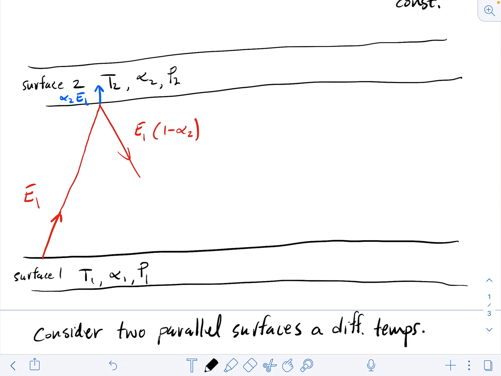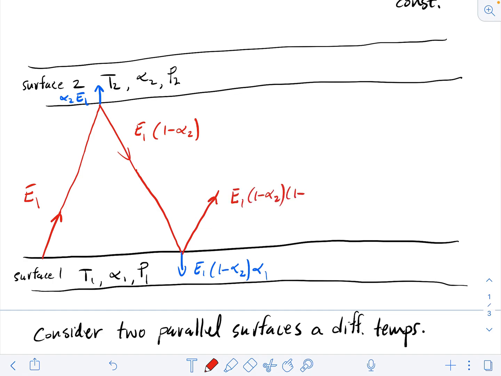Okay, and so we could go back to our picture and we can add that stuff in. So this incident energy comes in, some of it's going to be absorbed, and that's E1(1 minus alpha 2) alpha 1. And the remainder is reflected.